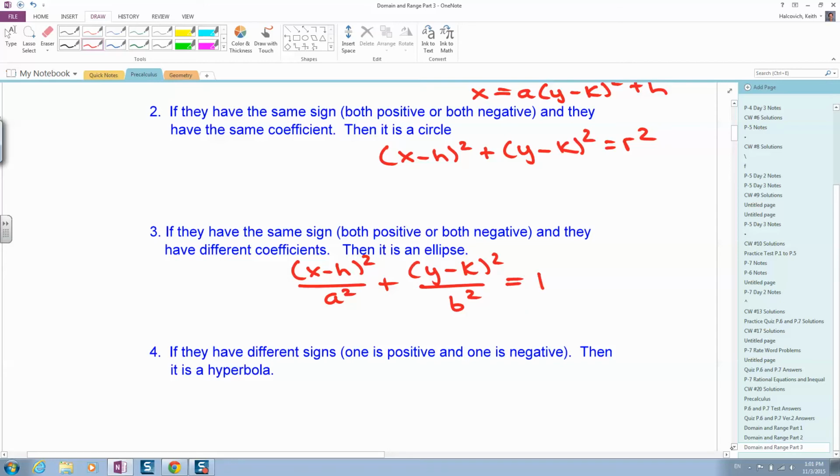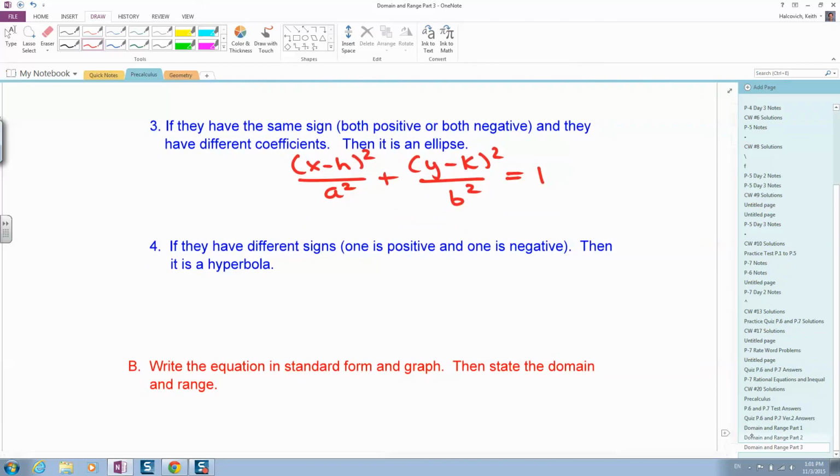And if they have different signs, one is positive and one is negative, then it is a hyperbola. Like this, but then it's negative. Alright, so that's how we would identify which conic section it is.